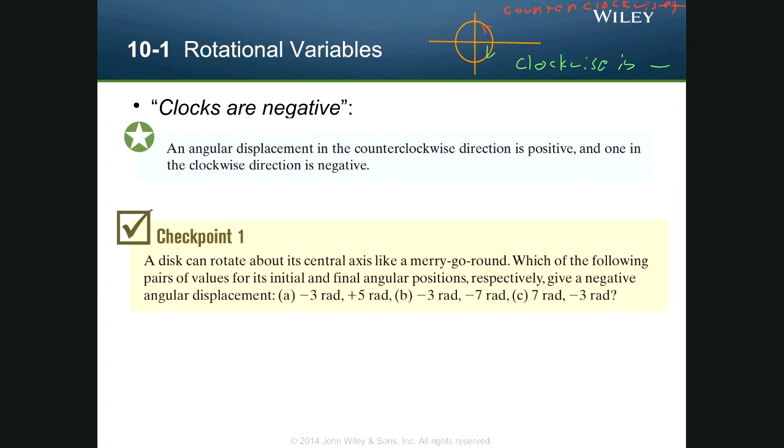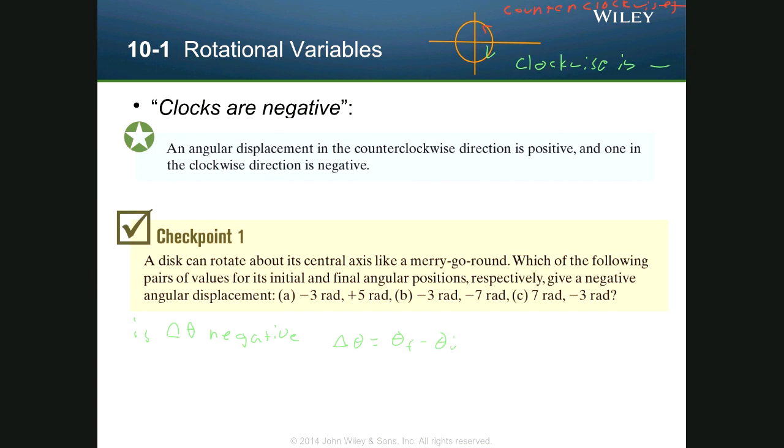So we want to know, is delta theta negative? And we want to remember that delta theta is equal to theta final minus theta initial.